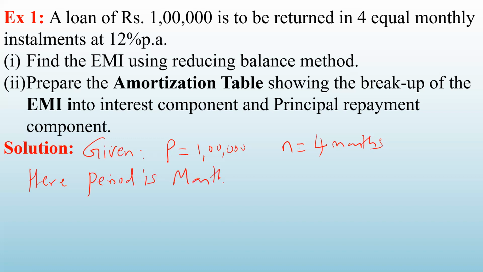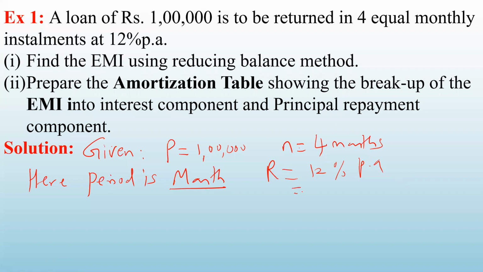So you need to convert the rate of interest as well as the period into month. The period is already given to you in months and is 4 months, equal monthly installment, 4 months. Now what is your rate of interest given to you? It is given 12% per annum. So you have to convert this into per month. 12% is for the whole year. In a year there are 12 months.